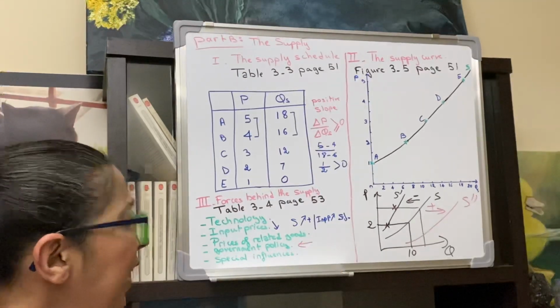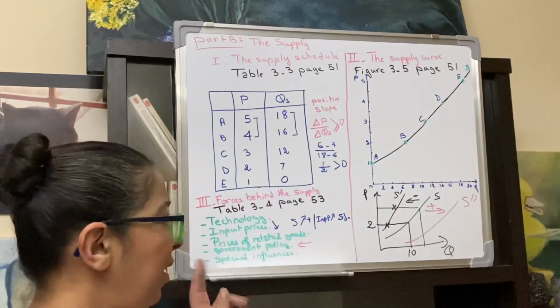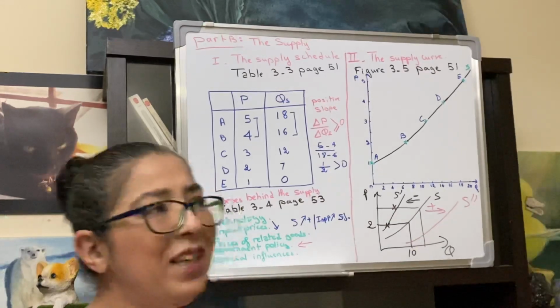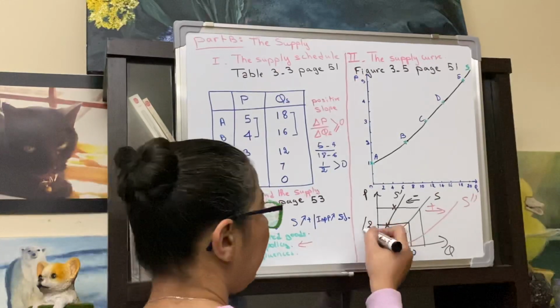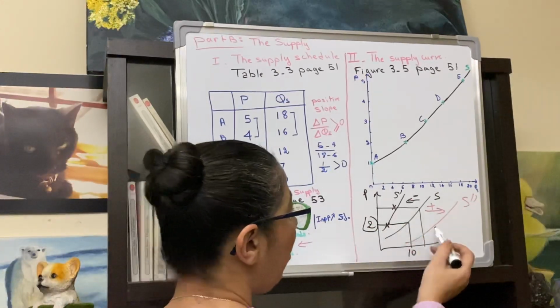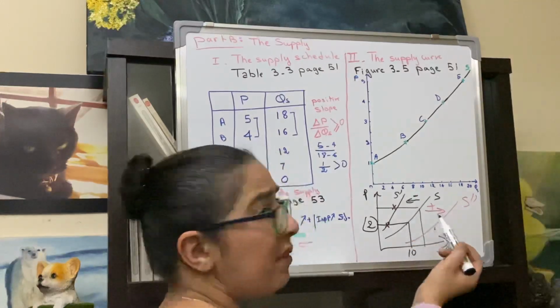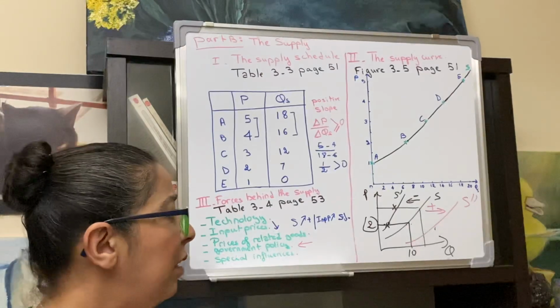Anyway, now what we're seeing here is that all these create shifts in supply. So what is a shift in supply? It's that you keep the price as it is and you see what happens to the quantity supplied. It's going to move either to the right, that's an increase, or to the left, and that's a decrease. Okay?